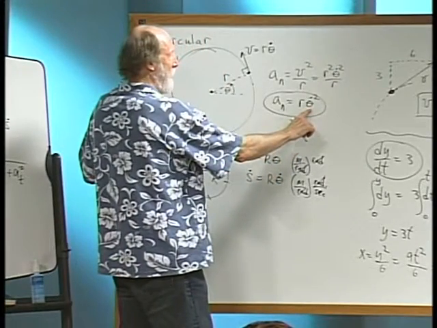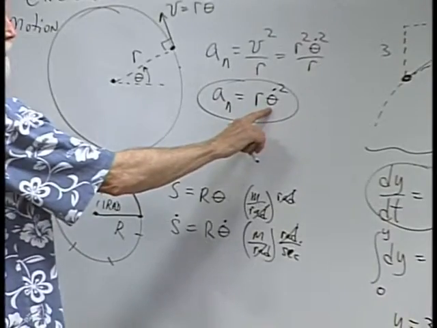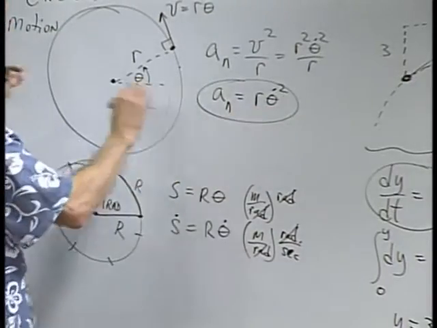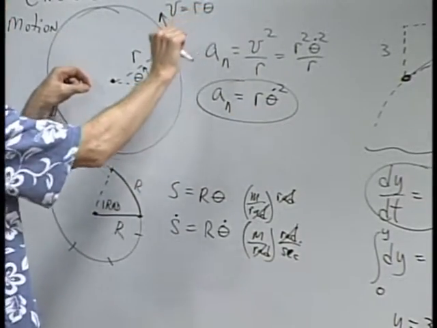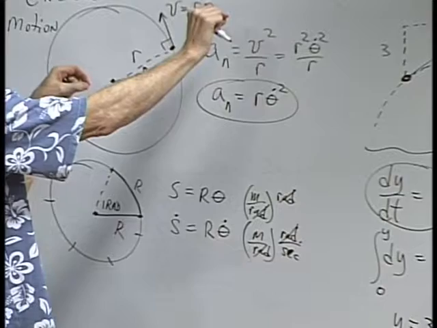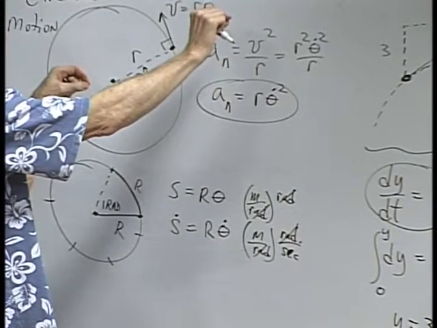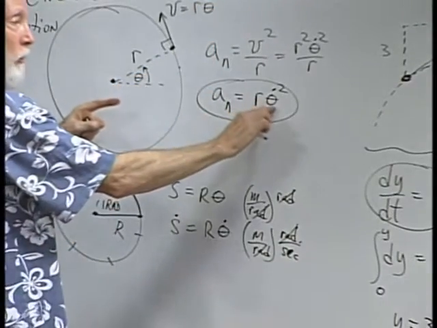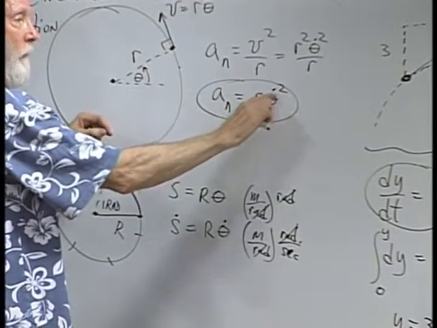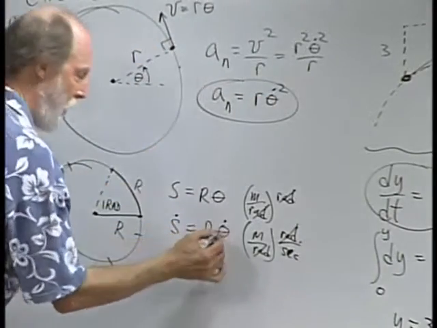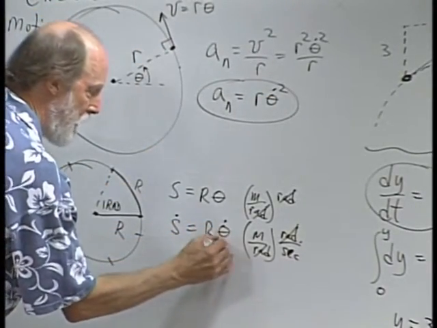Notice it's a function of the radius, so larger radius, greater normal acceleration required. Also, a function of the square of the angular velocity. This theta dot is called the angular velocity.